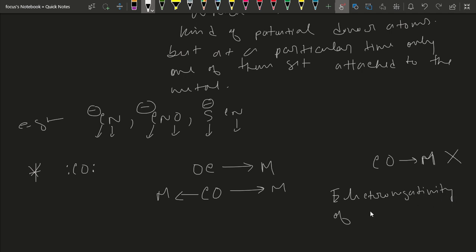But when we compare this carbon monoxide with the CN minus ligand, the electronegativity difference of carbon and nitrogen is comparatively small. So it can form a bond via either carbon or nitrogen. But in case of carbon monoxide, this doesn't happen. So always remember this point.